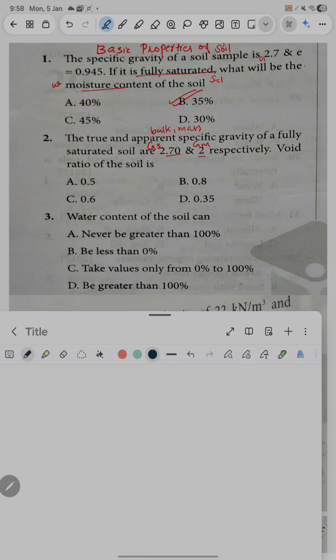We want to find out the void ratio denoted by E. We want to revise each and every term that we studied through each question, so that's why I mention the other names for true specific gravity and apparent specific gravity. Okay, let's do this problem. And one more thing: specific gravity of a fully saturated soil. Fully saturated soil means degree of saturation S is equal to 1.